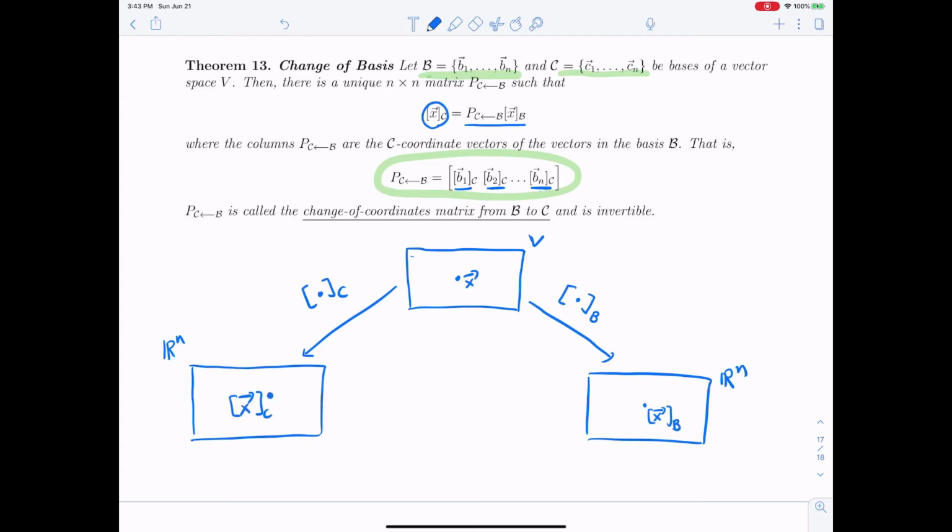So basically, P sub B to C gives you a map from here to there.